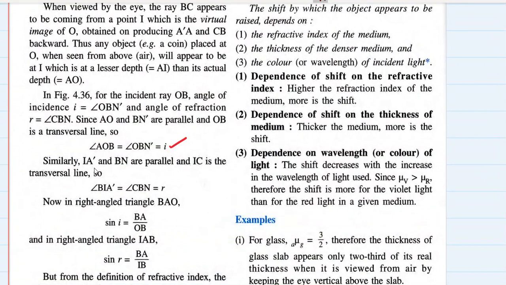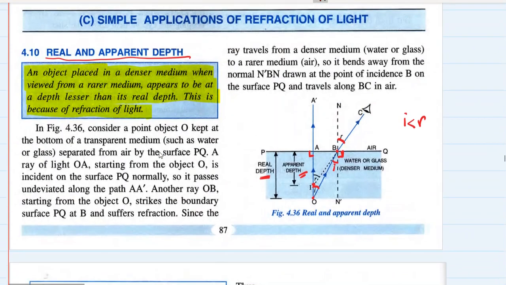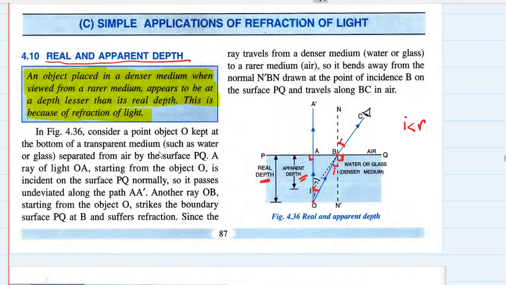Similarly, IA dash and BN are parallel. Okay, so they are talking about IA dash and BN. Not OA dash. Why they are saying this is because if you consider IA dash, the line from I to A dash, and if you consider NN dash to be two parallel lines, this IB serves as a transversal.